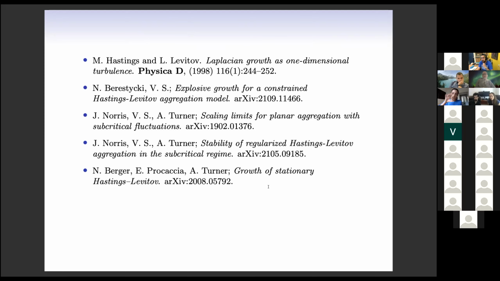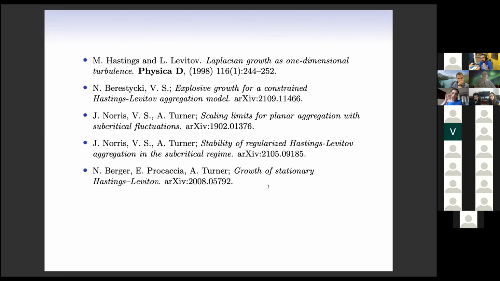There's already one question by Genia. Hi, I have a question about the picture you're trying to give us here. In the middle, you said that the first model you introduced has some explosive behavior.